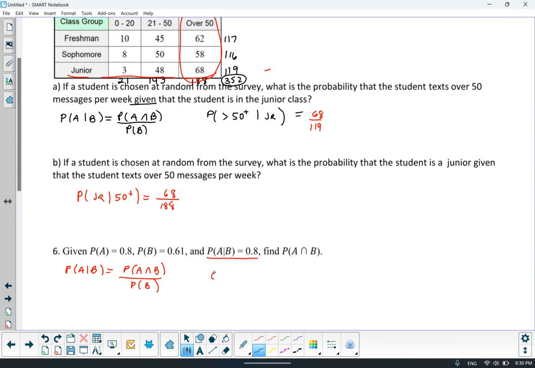So I know that 0.8 is the probability of A and B. The probability of both is what I'm looking for. And I know I'm given 0.61, which is the probability of B. I can cross multiply, and that will give me the answer of 0.488.